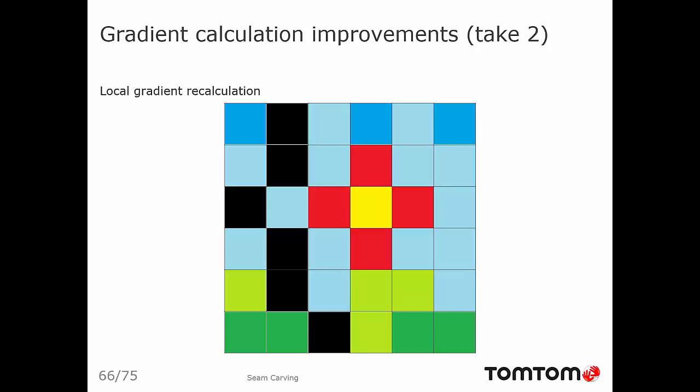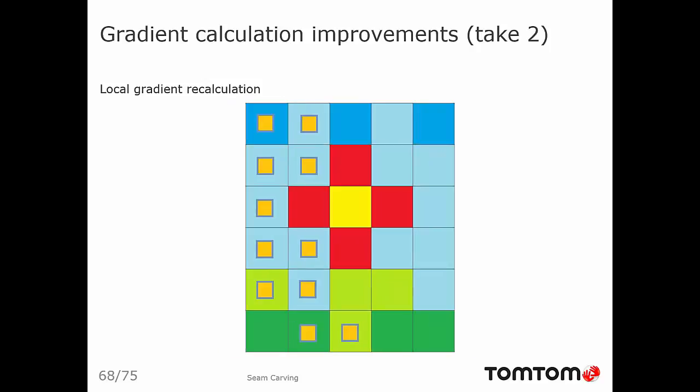And this led us to a conclusion that we have to do a local gradient recalculation, and the marked pixels are the ones that have to be recalculated in the destination gradient image of the picture.